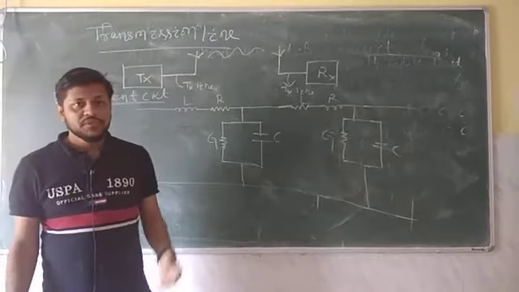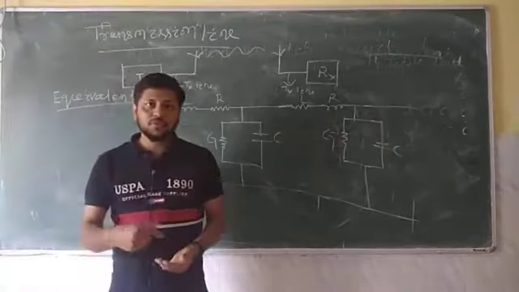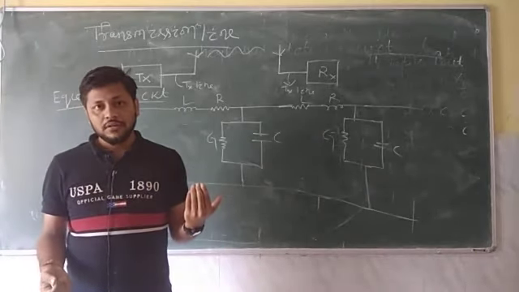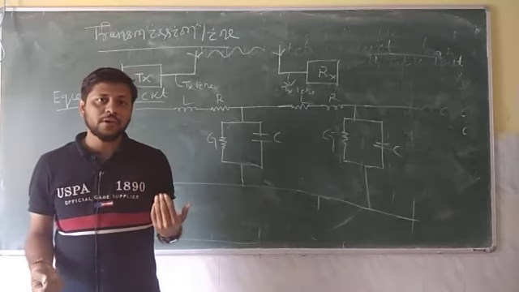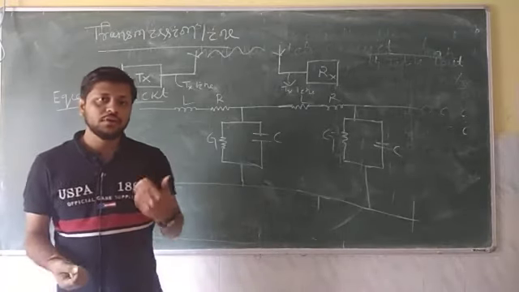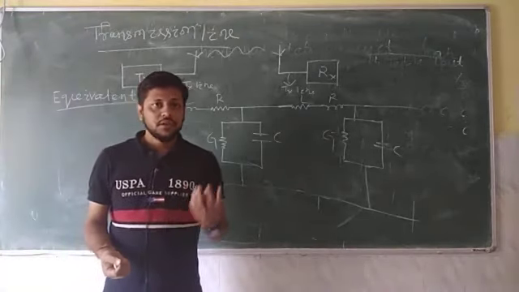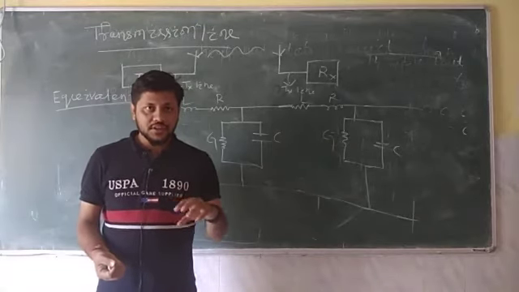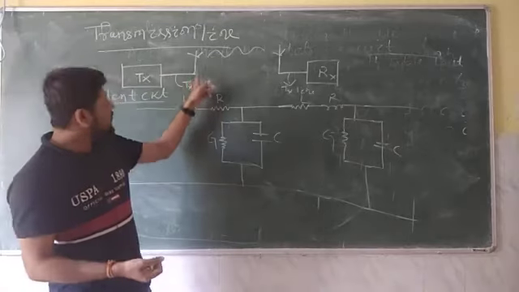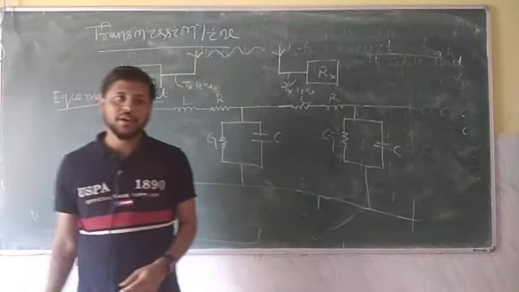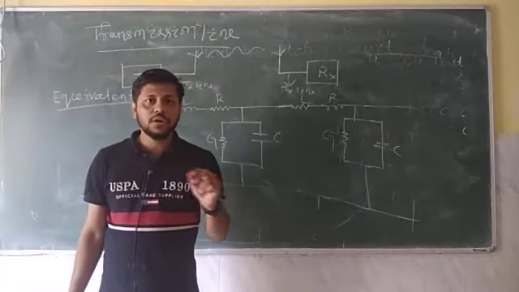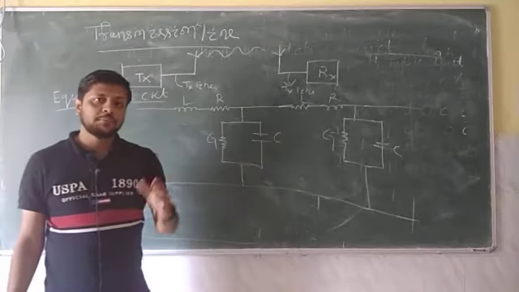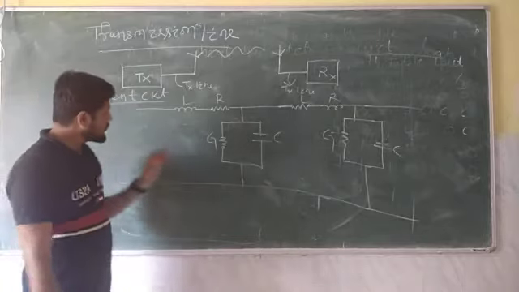Whenever we are transmitting power from source to load, 100% power is delivered from source to load only when the impedance is matching, that is, the impedance of this transmission line matches the input impedance of your antenna. So the purpose of the transmission line is also an impedance matching circuit.